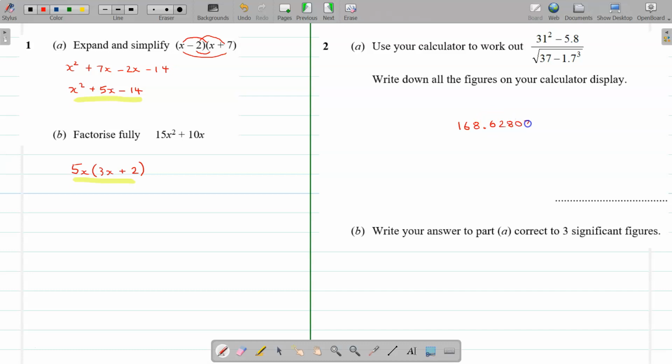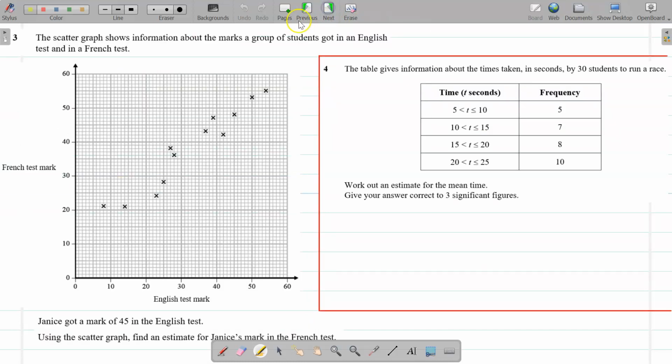They'll be looking for either 8 digits or 10 digits, but a minimum of 8 is normally what most calculators will do. And then you need to give the same number you've just written down to 3 significant figures, which of course is 169. Okay, and that's easy marks for those 2 questions.